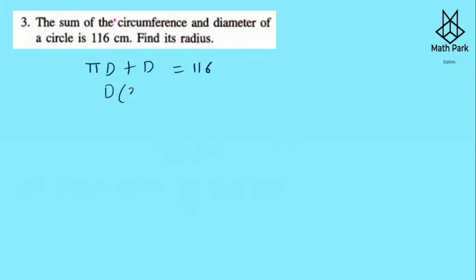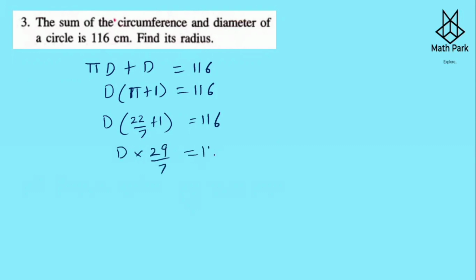So you have d times pi plus 1 is equal to 116. Let us write the value of pi as 22 by 7 plus 1 is equal to 116. So take LCM. 7 can be written as 7 by 7. So you get d times 22 plus 7, which is 29 upon 7, is equal to 116.